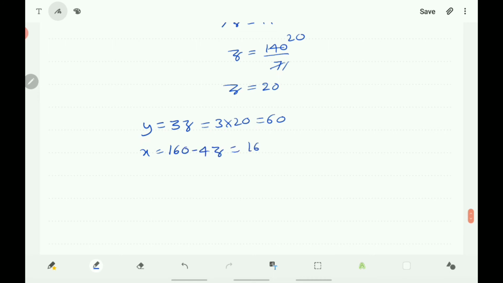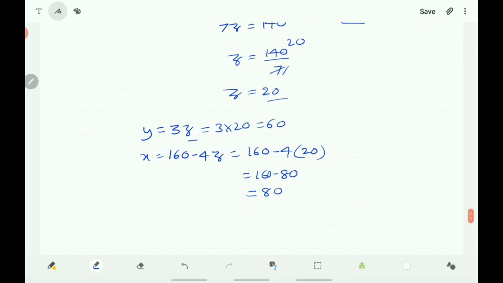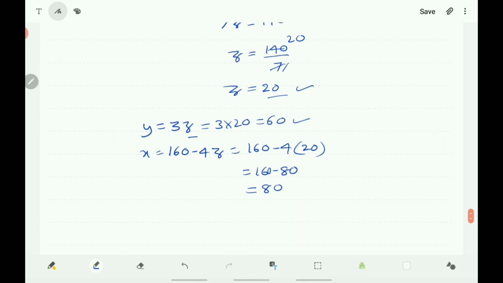That is 160 minus 4 into z, z is 20. Then it becomes 160 minus 80, which is 80. So you got the value of z, the value of y, and also the value of x.